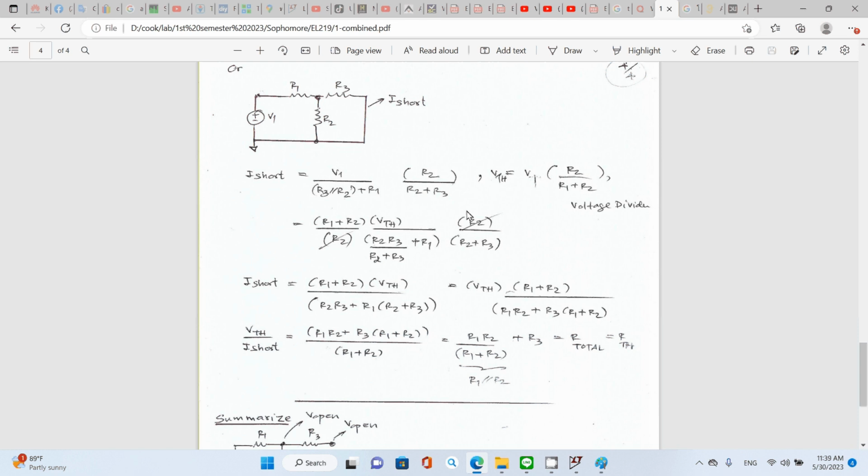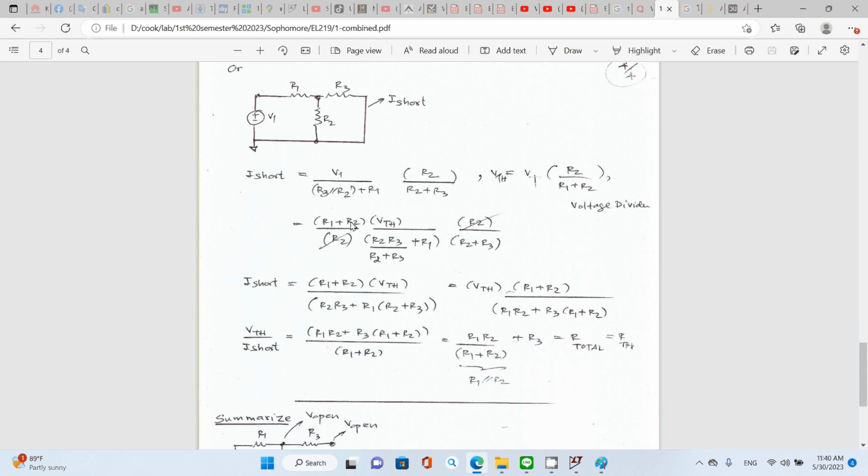All right, hold on a second. Okay, V1 equals VTH times R1 plus R2, divided by R2.